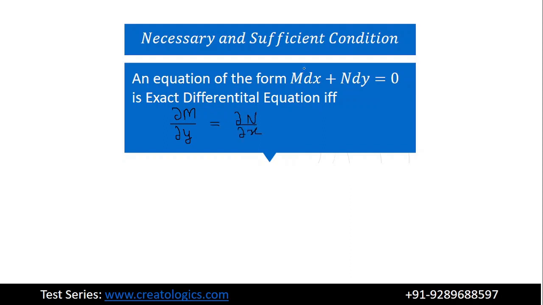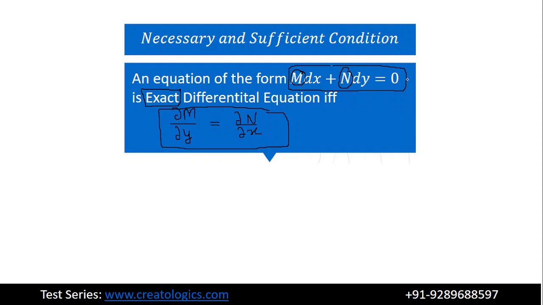If these two are equal, then you say your given differential equation will be exact. If these two are not equal, then the differential equation is not exact. Sometimes we will find an integrating factor and multiply the given differential equation by that integrating factor to make it exact. But we will see all these things in the later sessions.